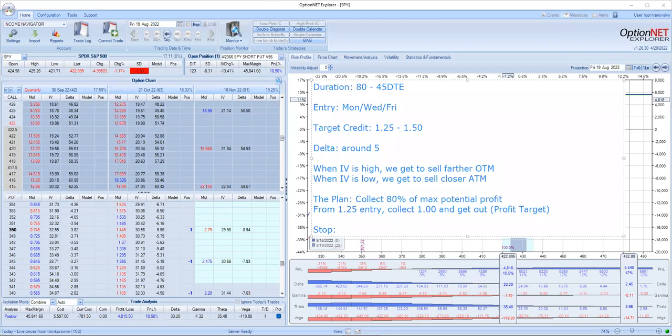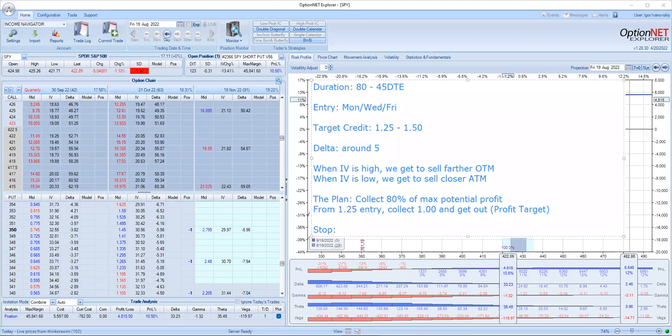But if I sold something for $1.25 and bought it back for $3.75, I didn't lose 3 times the initial credit. I only lost 2 times the initial credit. If I sold something for $1.25 and bought it back for $3.75, the difference between the two is $2.50. $2.50 divided by $1.25 is 2.